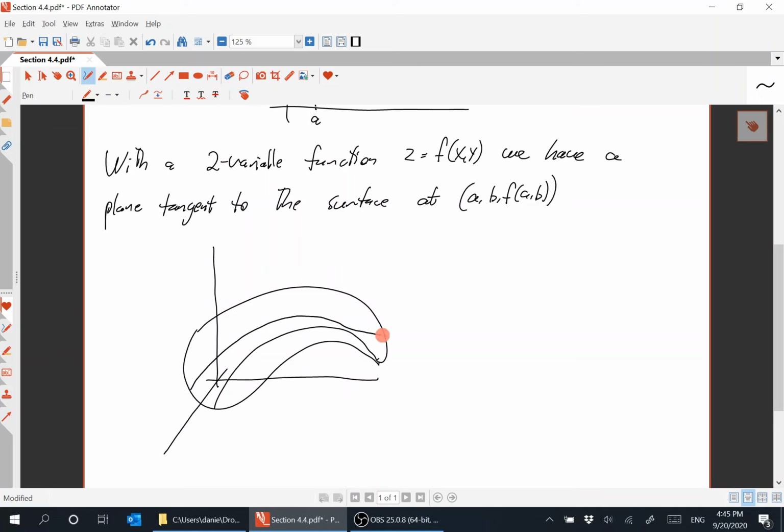Let's say it's kind of bowing outward here, perhaps. All right, this is your surface, z equal to f of x, y.